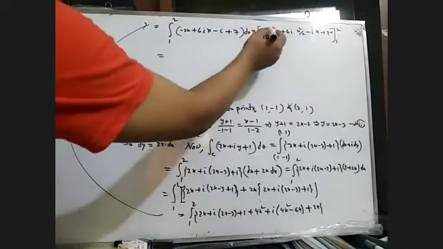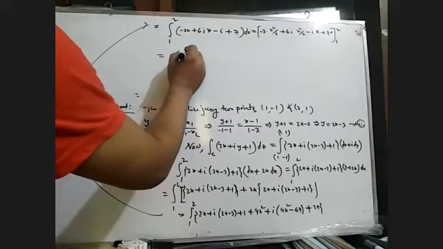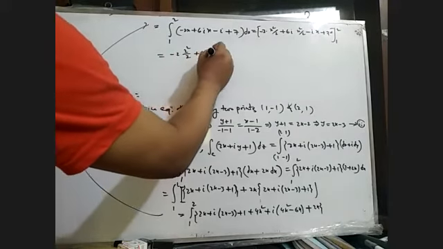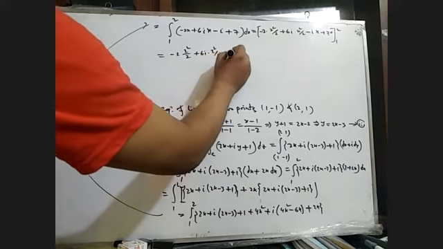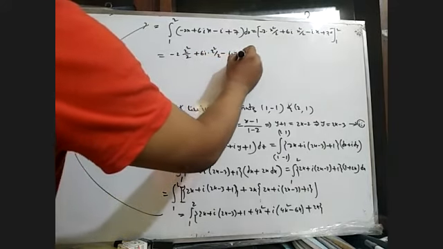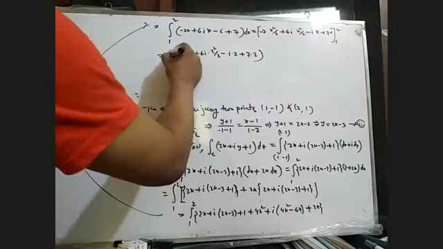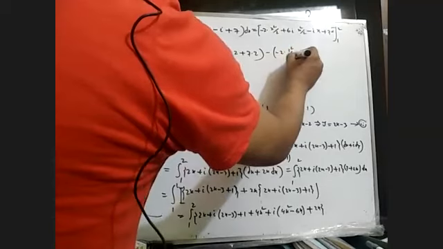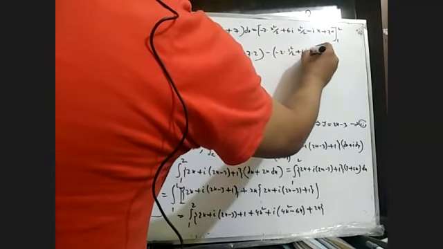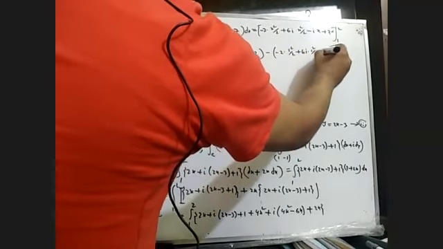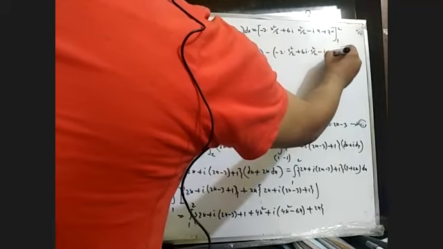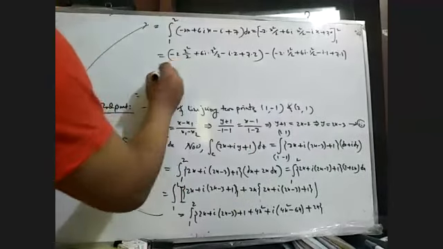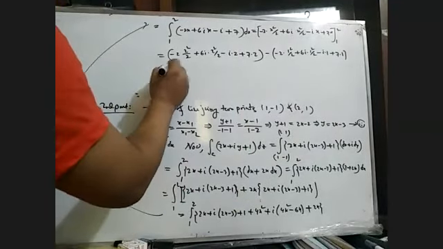So putting 2 square by 2 plus 6I 2 square by 2 minus I into 2 plus 7 into 2. Then putting minus 2 1 square by 2, 6I into 1 square by 2 minus I into 1 plus 7 into 1. Okay.